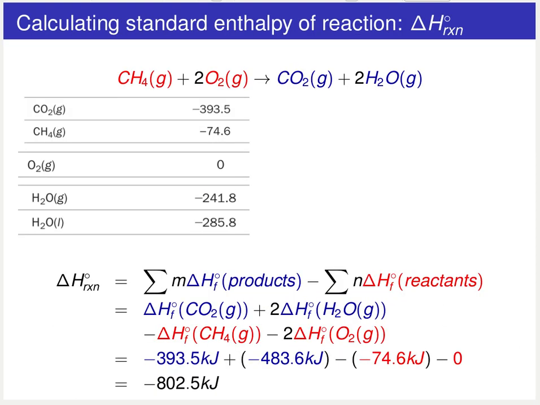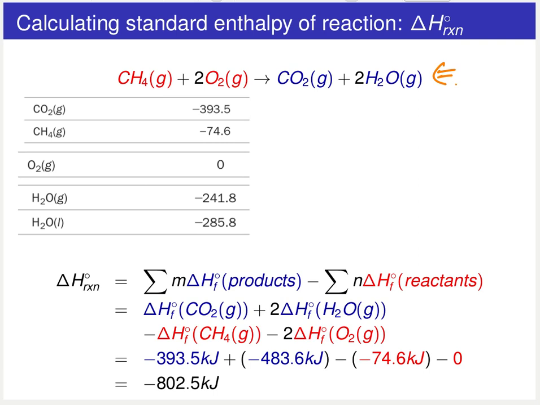So to see this in practice and work through every step, let's look at an equation that allows us to move directly toward a solution for a problem like this. It's the same problem we had on the previous slide: we're combusting methane gas.